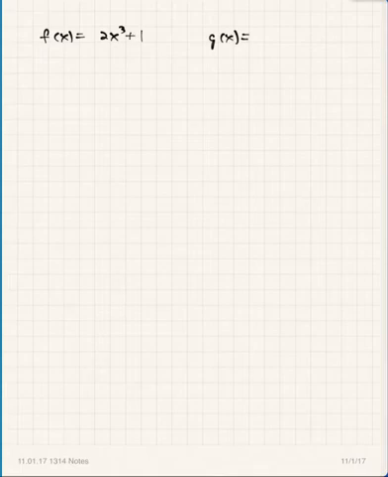So let's say that we have f of x is 2x cubed plus 1, and g of x is the cube root, let's see, I want to make sure I get this right here, the cube root of x minus 1 over 2.